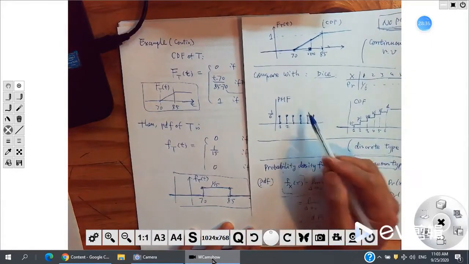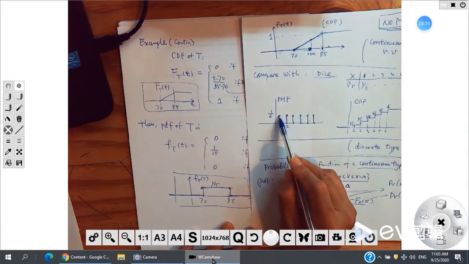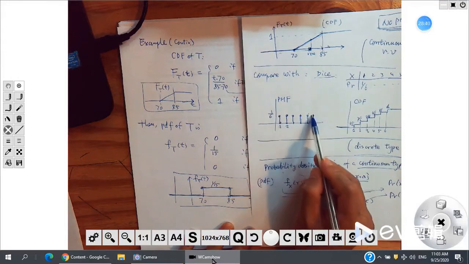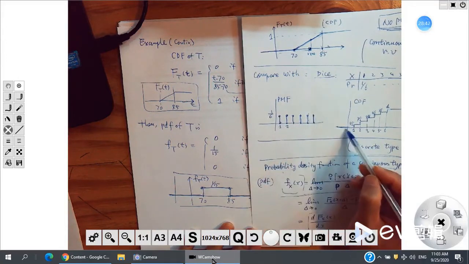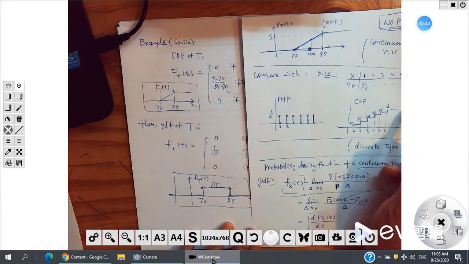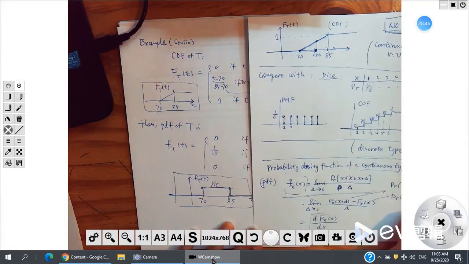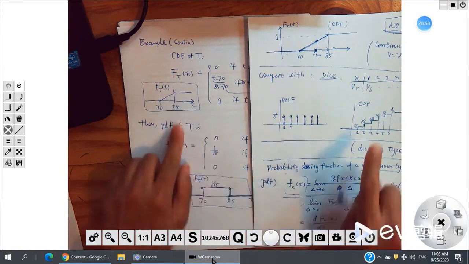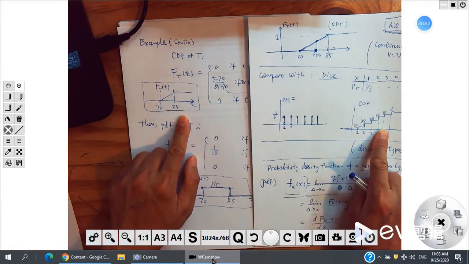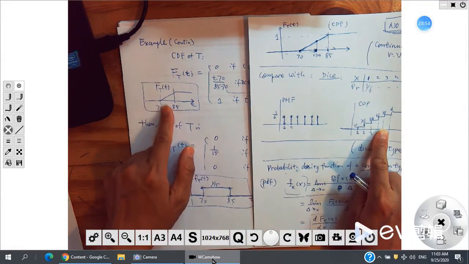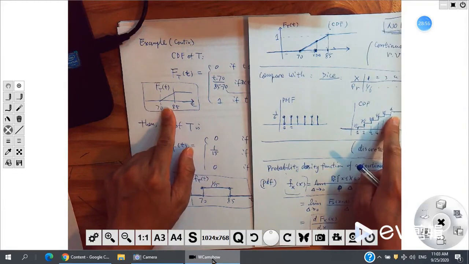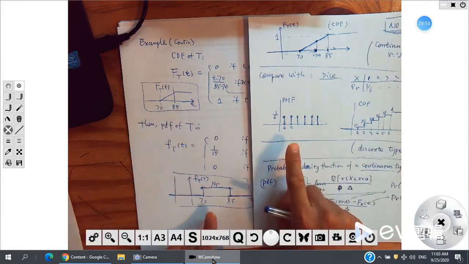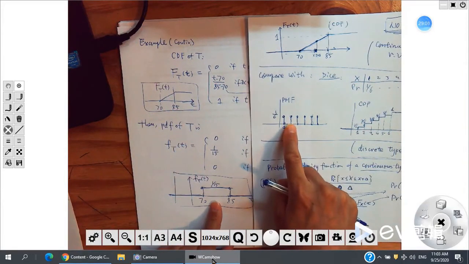The discrete type looks like this, and the CDF is this one. The continuous type CDF, same style, right? Compare these two, same style. Just this is continuous, this is step-like. And the PMF and this PDF, they're also similar.